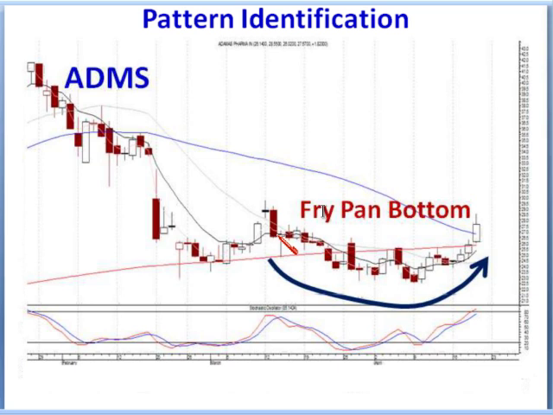We've got the added benefit of visually recognizing here's a fry pan bottom about ready to break out, and it did come up through a resistance level. We can be buying with that much more assurance that this upside has the potential of probably now coming up to fill this gap. When you say buy immediately, do you wait for confirmation candle till the close?